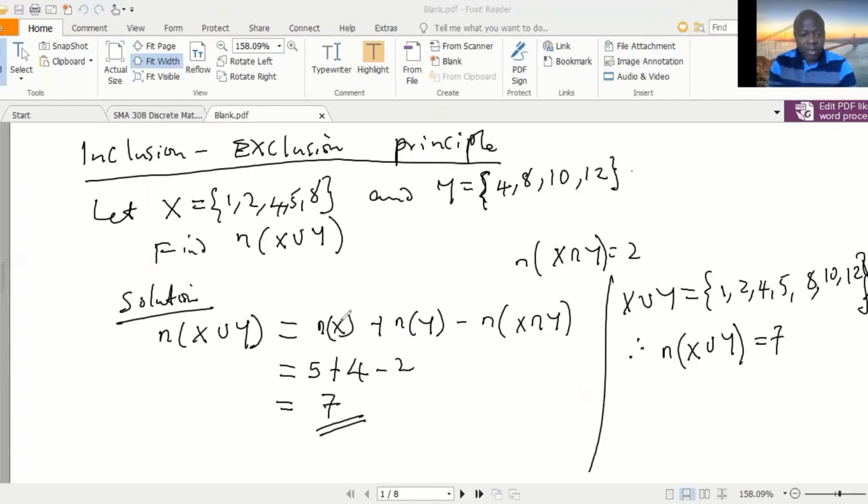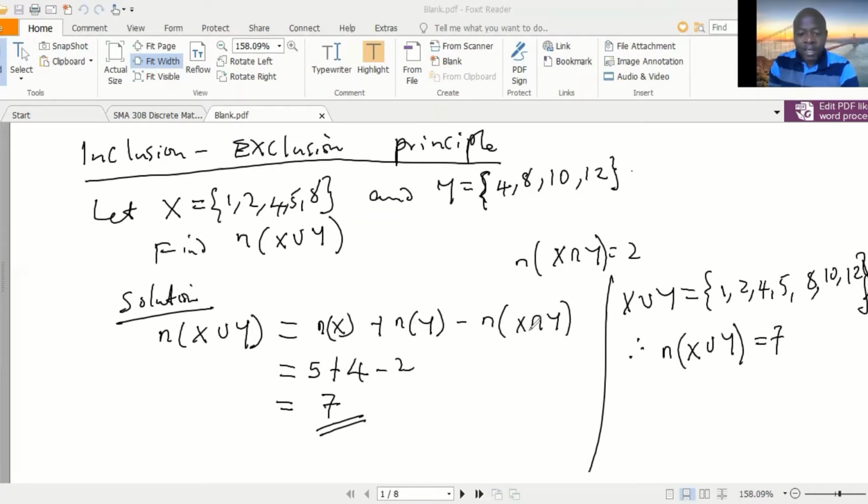Now, these are two sets. What the principle says is that we shall take the elements in X plus the elements in Y minus the elements in the intersection. So we include the elements in X, include the elements in Y, and then exclude the elements in the intersection.